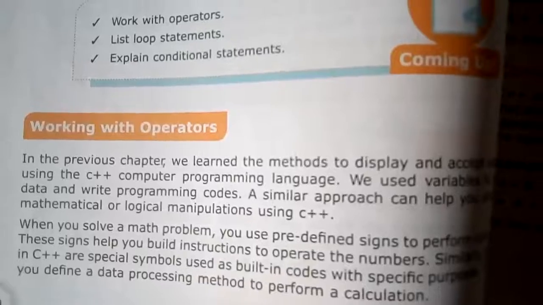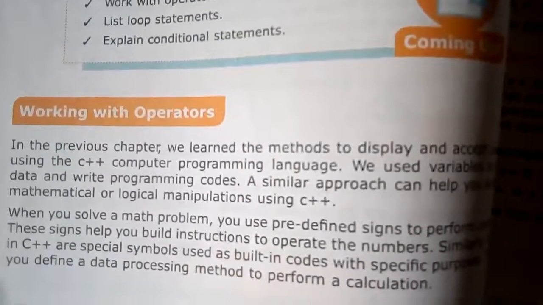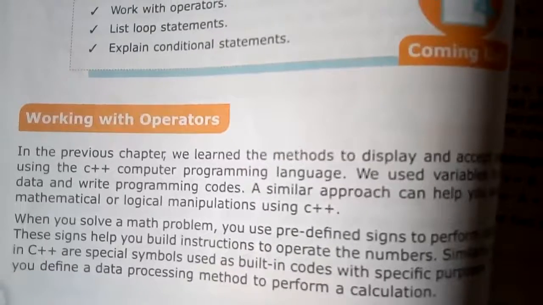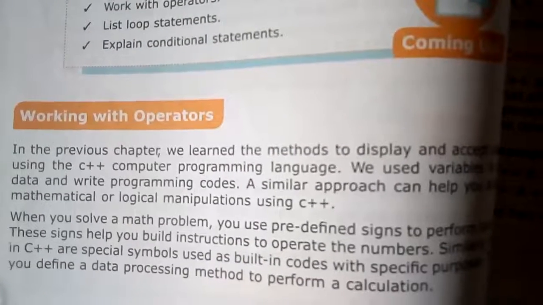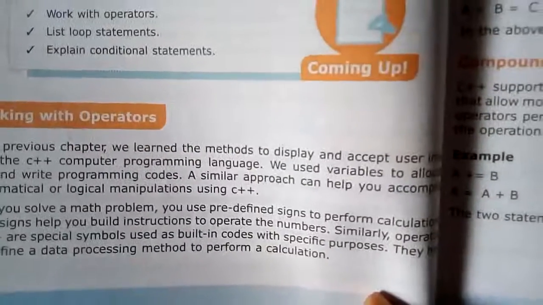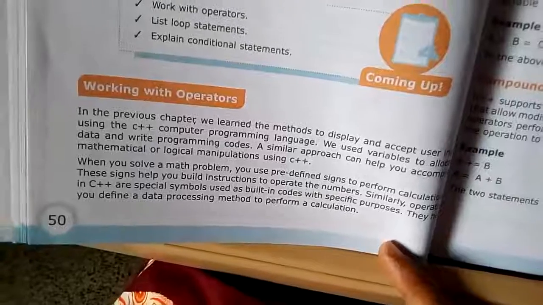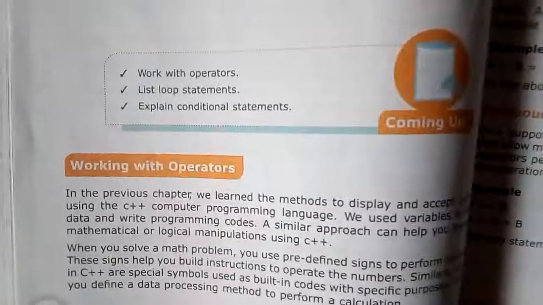Similarly, here in C++ language, there are special symbols which are used as built-in codes with a specific purpose. They help to define a data processing method to perform a calculation.